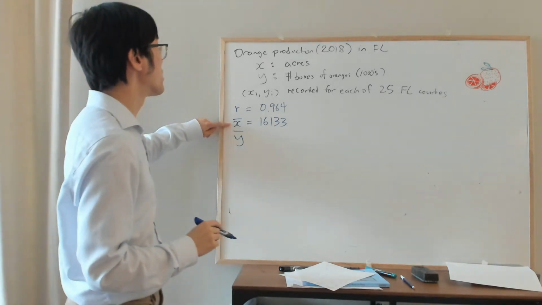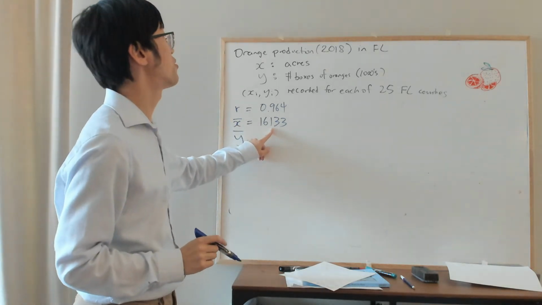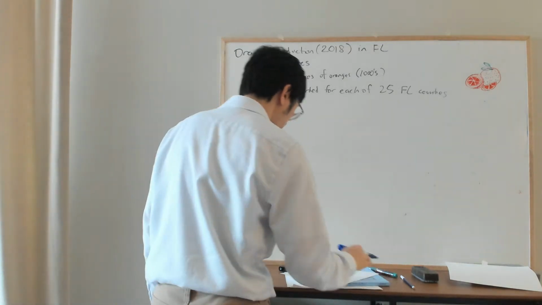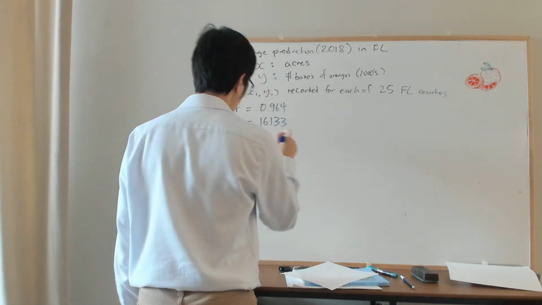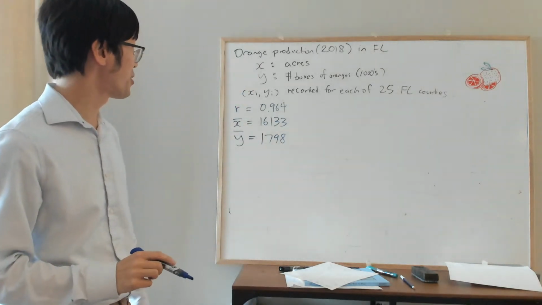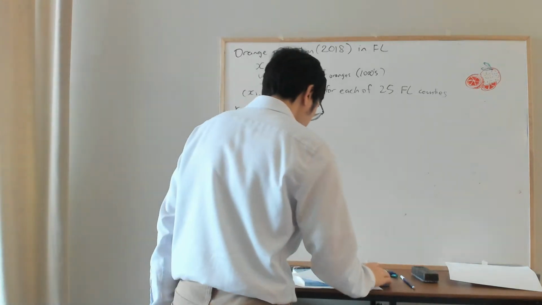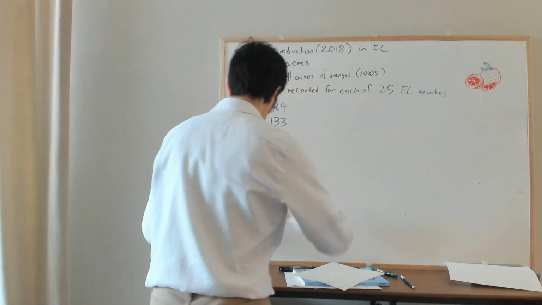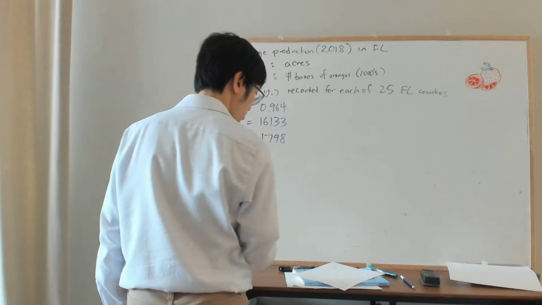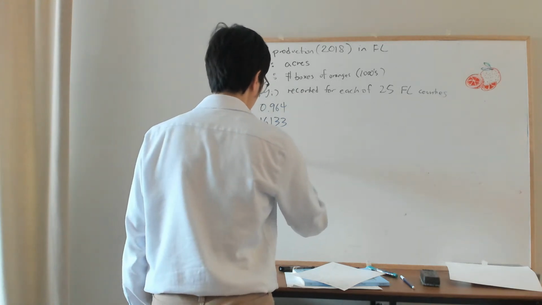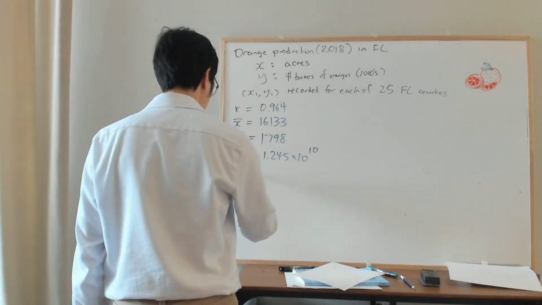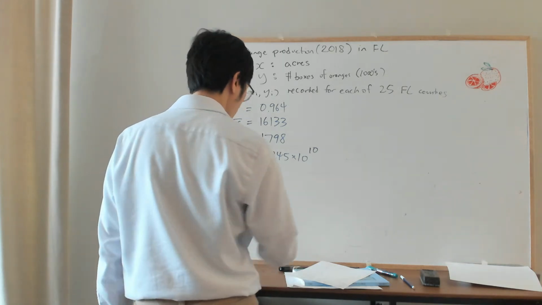This is the average number of acres used to grow oranges among the 25 counties. y bar was just under 1,800 thousand boxes. And then two other statistics: the sum of squares of x is 1,245, a pretty big number, times 10 to the power 10. And the sum of the cross terms of x and y.